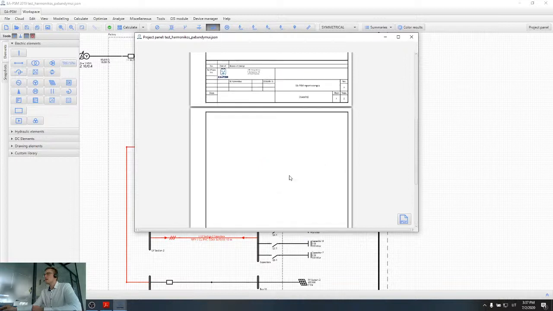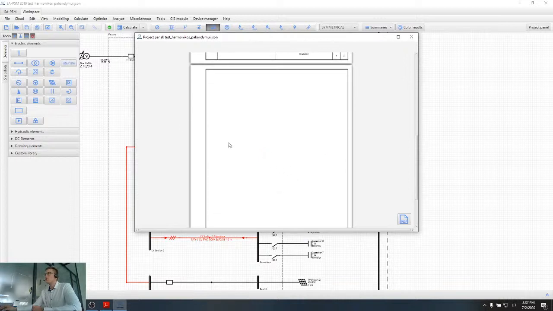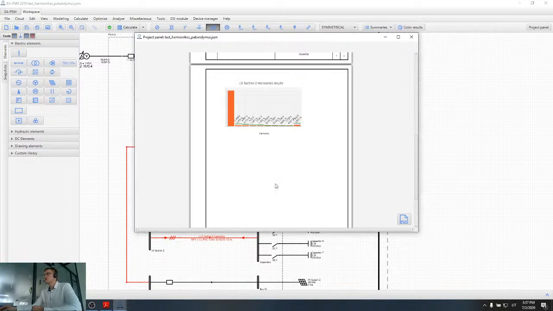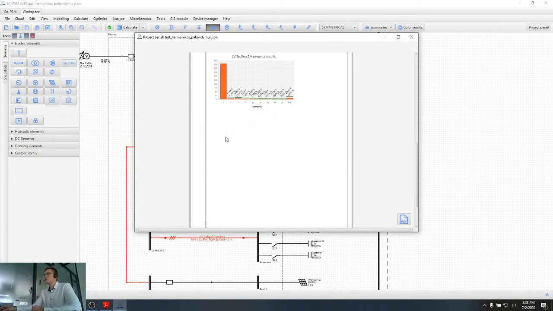I can add additional pages for my harmonic report, and I can add harmonic calculation results, let's say from low voltage section 2. Here I will have voltage harmonic results, and maybe I can add from my transformer.